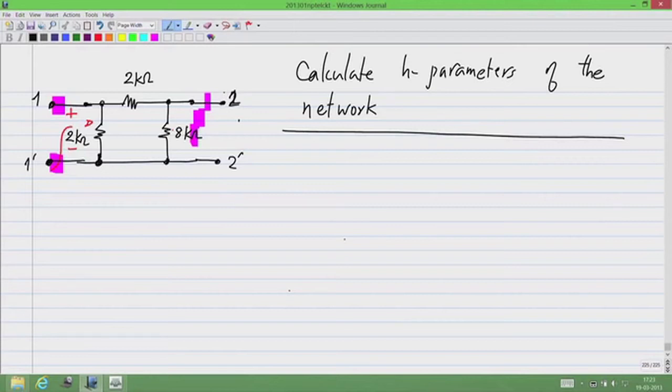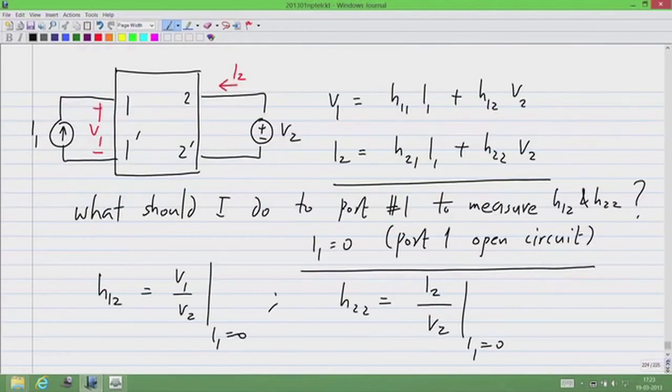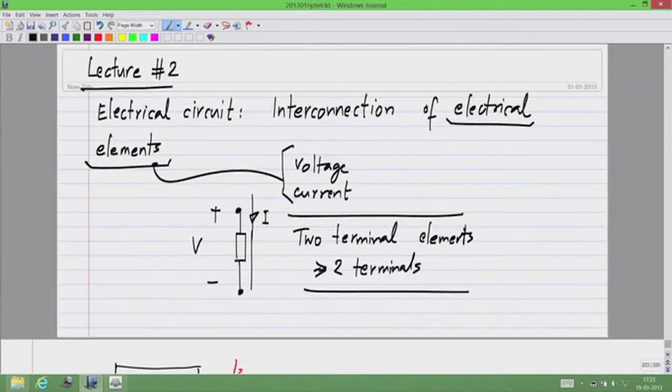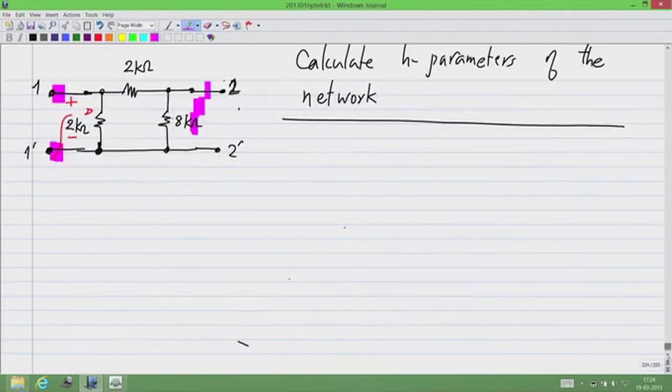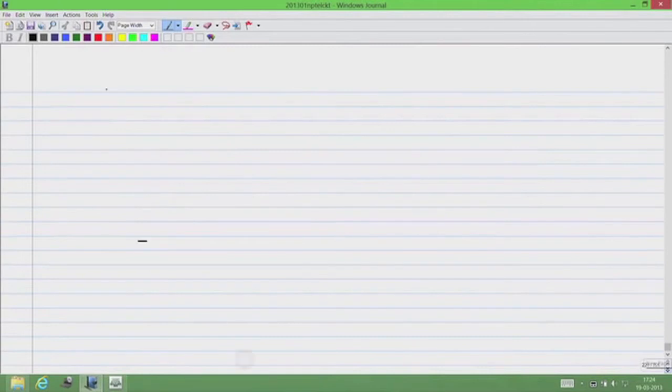Now finally, we can also express... here, we have expressed V1 and I2 in terms of I1 and V2. We can also express I1 and V2 in terms of V1 and I2.